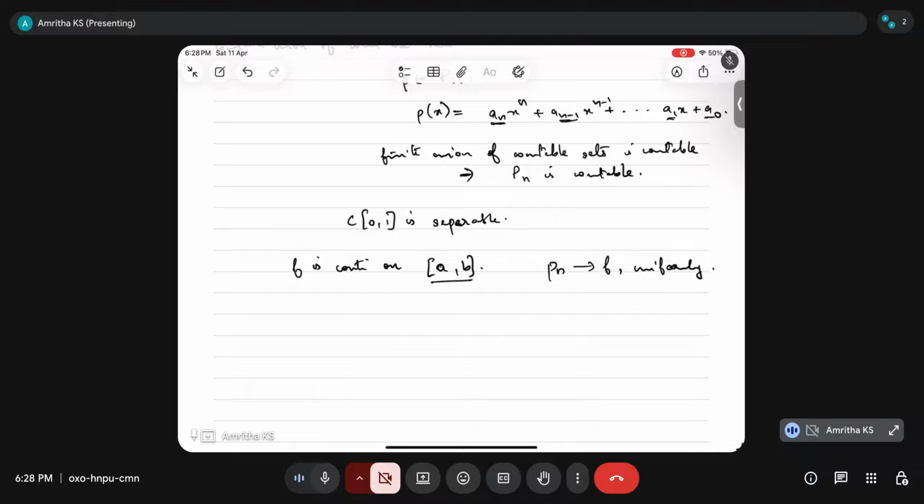Yeah, for example, suppose I take (0,1). Then what can go wrong? Or if I take R, then also what can go wrong? Okay, this is not closed and this is not bounded.